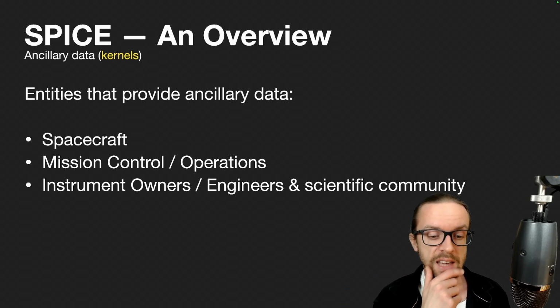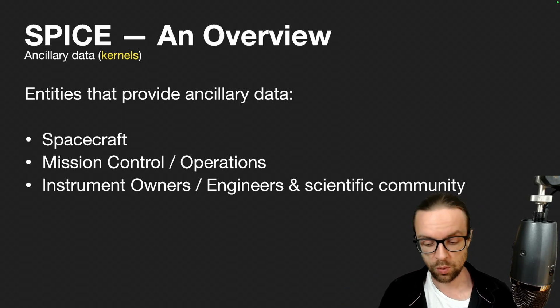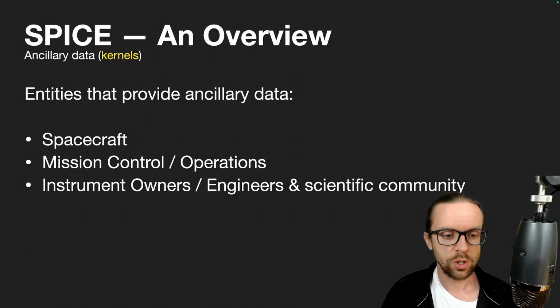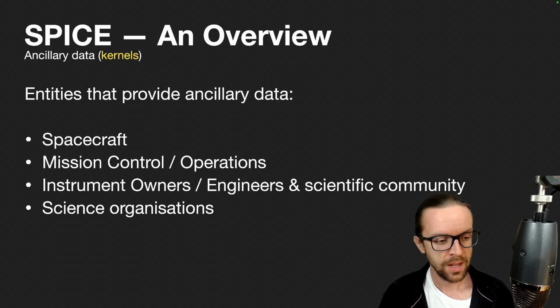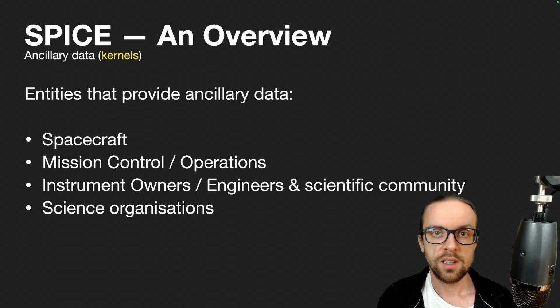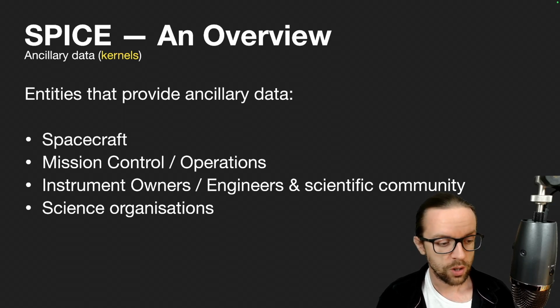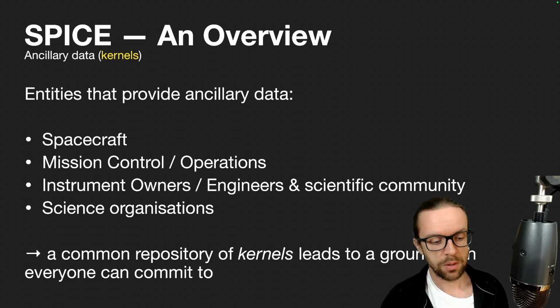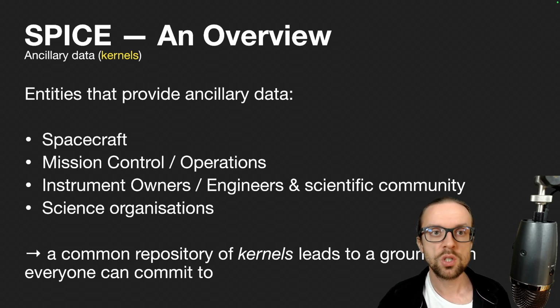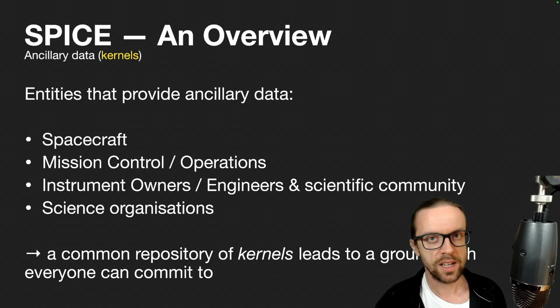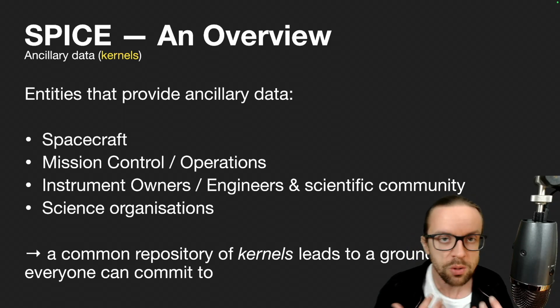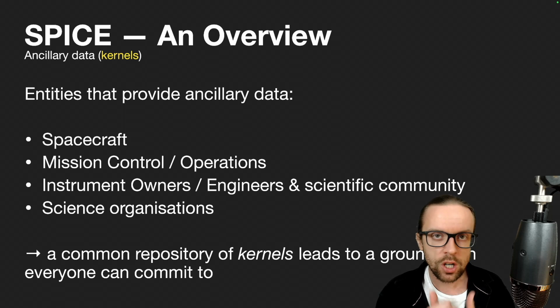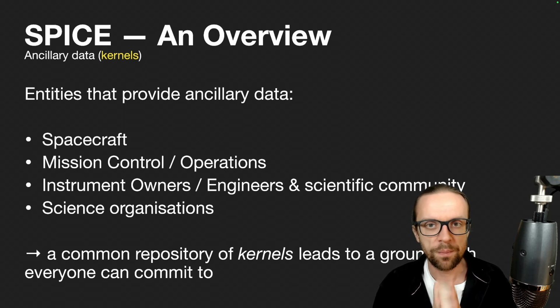Later, I have a case where I created my own kernel to show you an actual use case where this might be of interest. Science organizations like the International Astronomical Union provide all the constants and so on. And after all, we have a common repository everybody commits to, with kernels everybody understands if they read the documentation. So there is no ambiguous data. We have everything crystal clear in one repo.